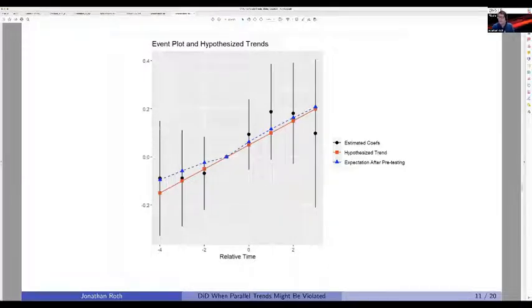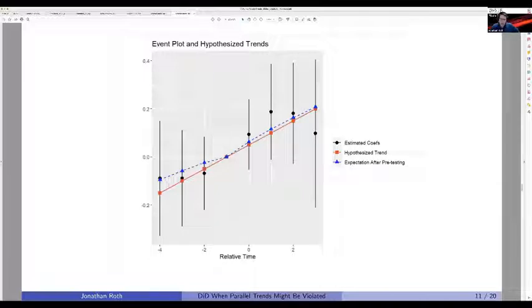in my head when I see someone put up an event study plot in a seminar, which is to visually draw a line through the confidence intervals, or draw some smooth path through the confidence intervals, and say, does it look like I could explain this effect with some sort of smooth trend that goes through all of the confidence intervals?